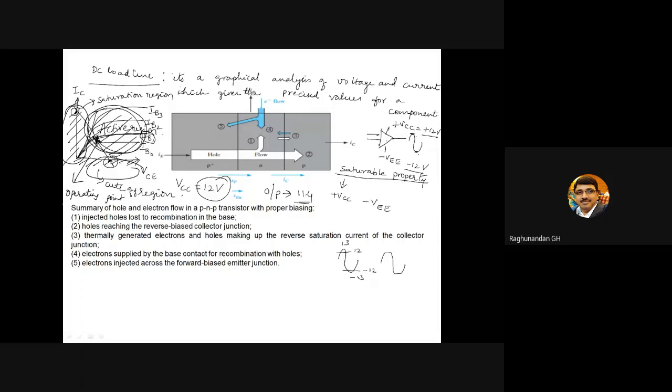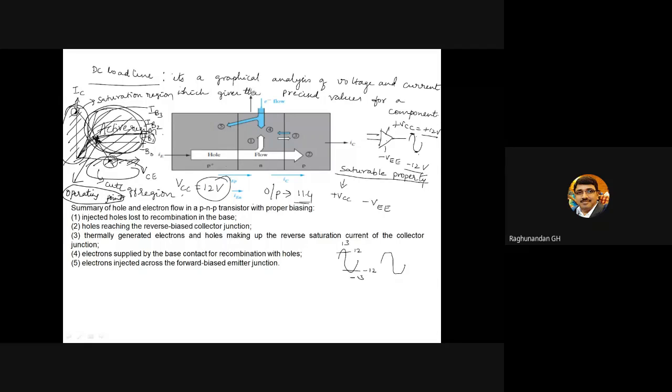Since this is known as the operating point, to keep this operating point in a particular, designated region, we are going to do biasing. Biasing means connecting an external source to a component. To shift this operating point, we cannot use an AC signal.